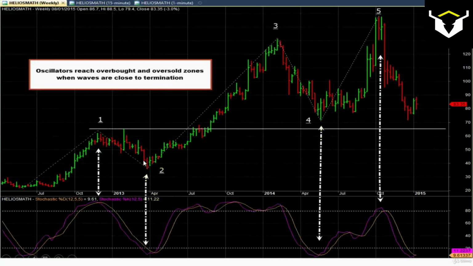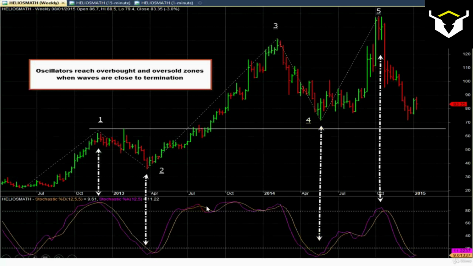You can see at wave 2 termination the oscillator has given a lower momentum reading, suggesting that the momentum in wave 2 has exhausted. Similarly, when it came to wave 4, the oscillator gave a lower momentum reading, suggesting the downward momentum of wave 4 has come to a halt.